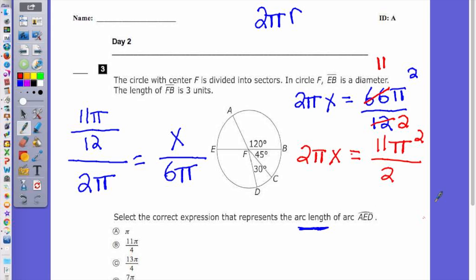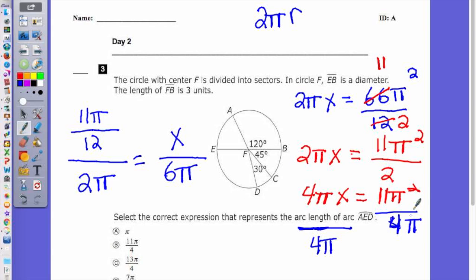You're getting rid of that dividing by 2 by multiplying both sides by 2. 4 pi x equals 11 pi squared. Now, you can do 2 different things here. You can divide both sides by 4 and then both sides by pi, or you can divide both sides by 4 pi at the same time. I'm going to do that.